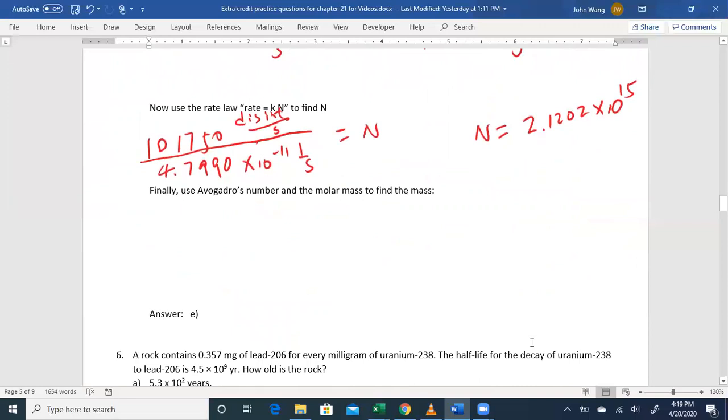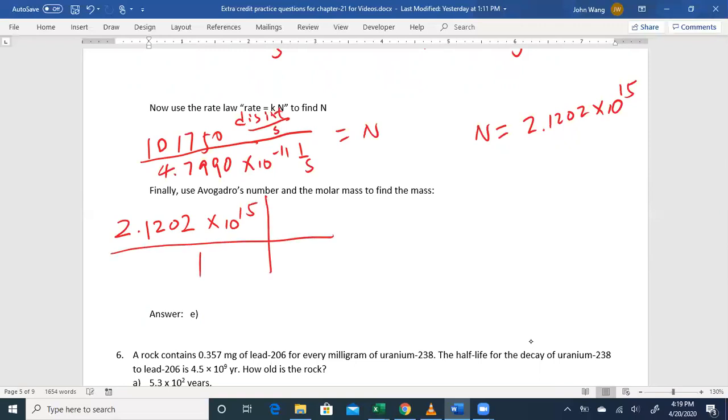Okay, so finally we can use the Avogadro number and the molar mass to find the mass. We'll start with the number. We just find out how many radioactive nuclei are in that smoke detector, and then we have this number.